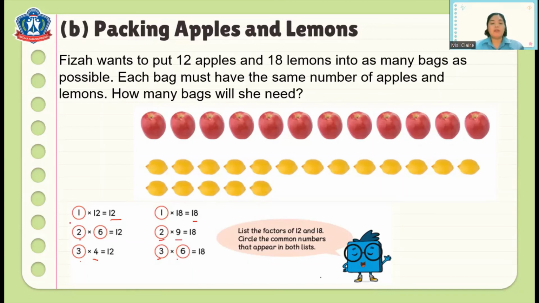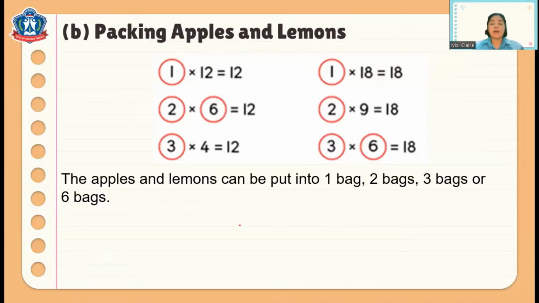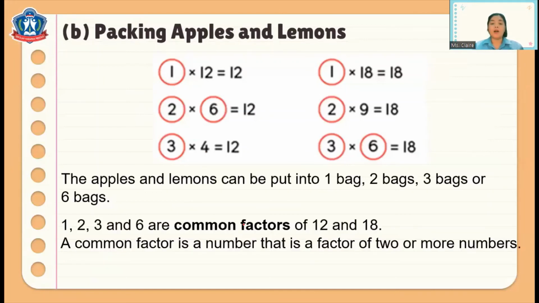So as you observe, 1, 2, 3, and 6 can be found in both 12 and 18. And that is what we call common factors. Okay? 1, 2, 3, and 6 are the common factors of 12 and 18. Therefore, the apples and lemons can be put into one bag, 2 bags, 3 bags, or 6 bags.